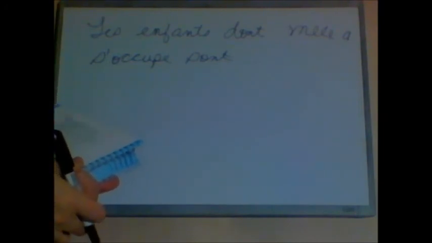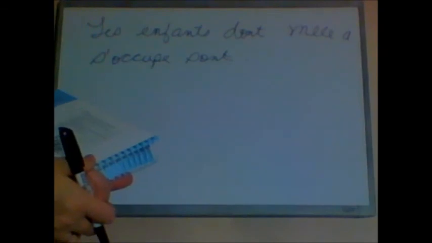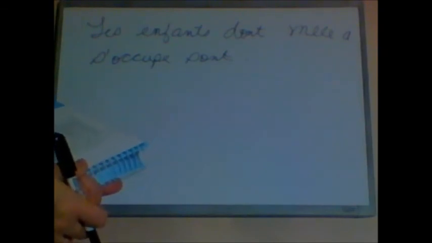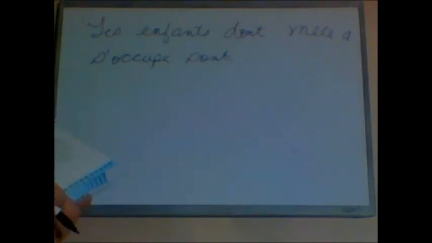Numéro 8. Je ne vois pas la vendeuse. Je connais la fille de la vendeuse. We want to say, I don't see the saleswoman whose daughter I know. And here's an example of that whose, that possessive, la fille de la vendeuse, that would be whose in English.